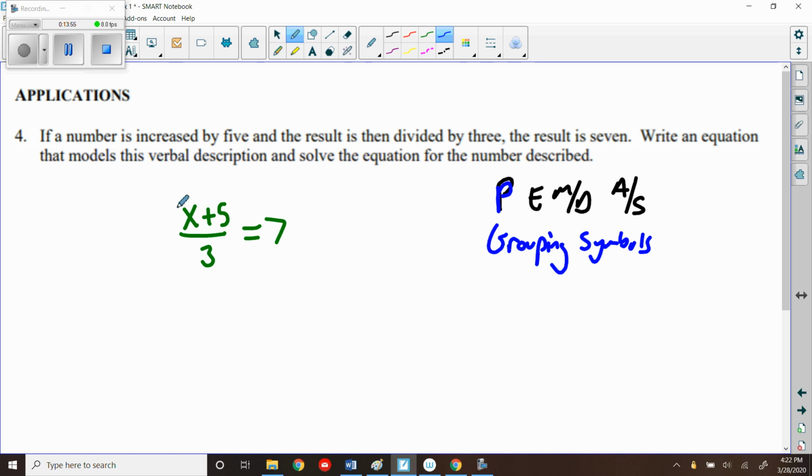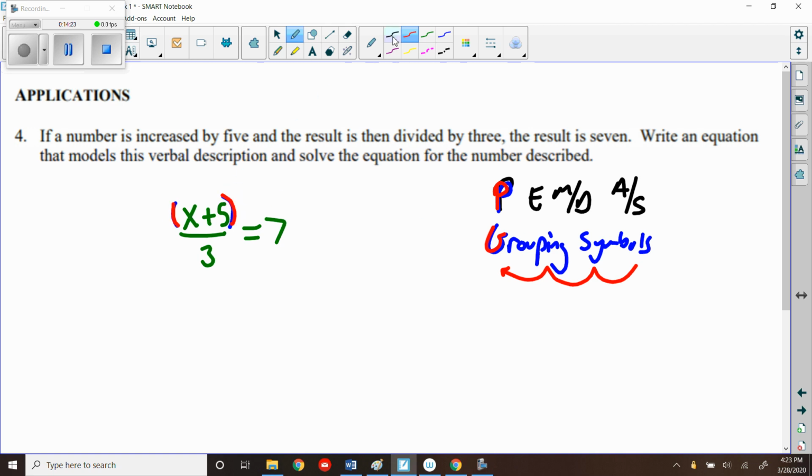This x plus 5 is in the numerator of a fraction, and it is actually grouped in an understood set of parentheses. So what that means is, even though undoing order of operations would tell me to attack the addition and subtraction, then the multiply and divide, the P, parentheses, or G, if we're using G in PEMDAS, means that this is going to come later on.